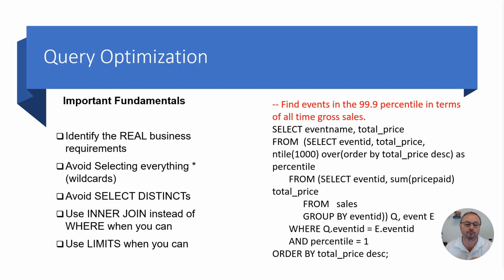So avoid wildcards. Also, select distinct is another gotcha in SQL. We have to be very cautious with using the syntax and be aware of select distinct. Inner join is another one as well.